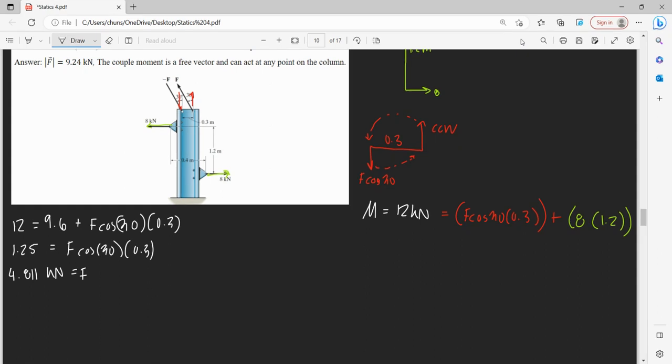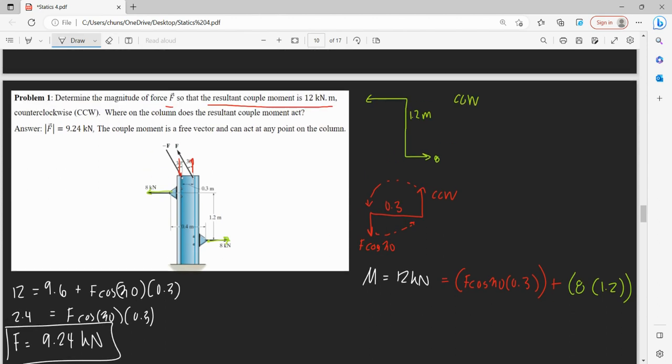Sorry, this is meant to be subtracted, not divided. I apologize. So then that's 12 minus 9.6, so that's 2.4. And then when we divide by cos 30 times 0.3, there we go, that is our answer. So then F is equal to 9.24 kilonewtons.